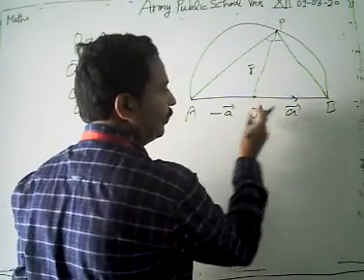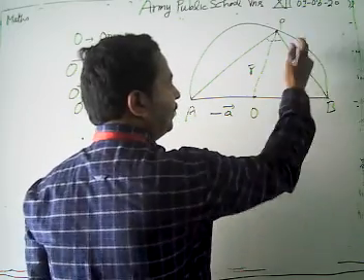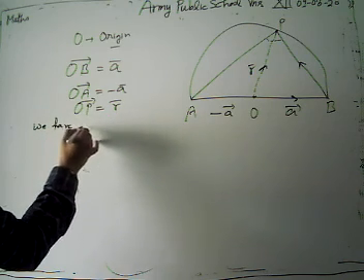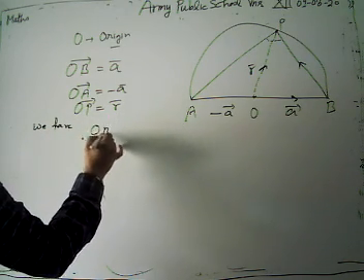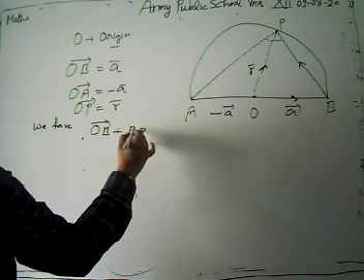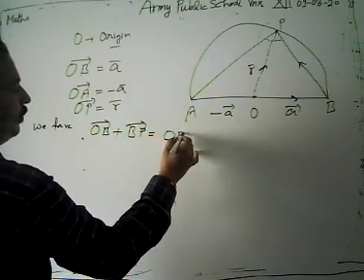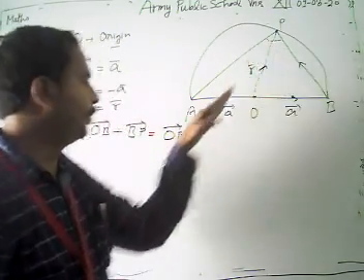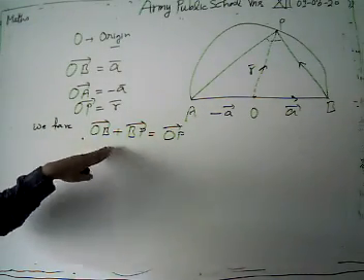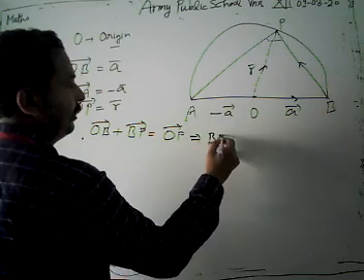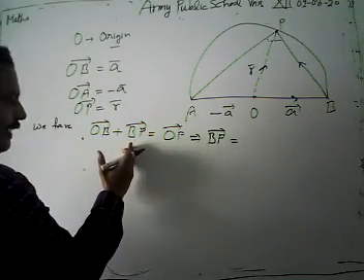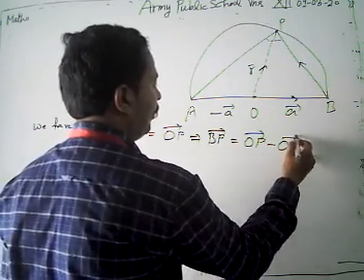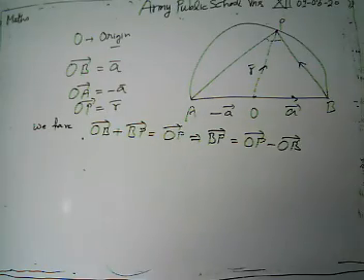Now we need the vector BP, so from here BP is given by OP minus OB.